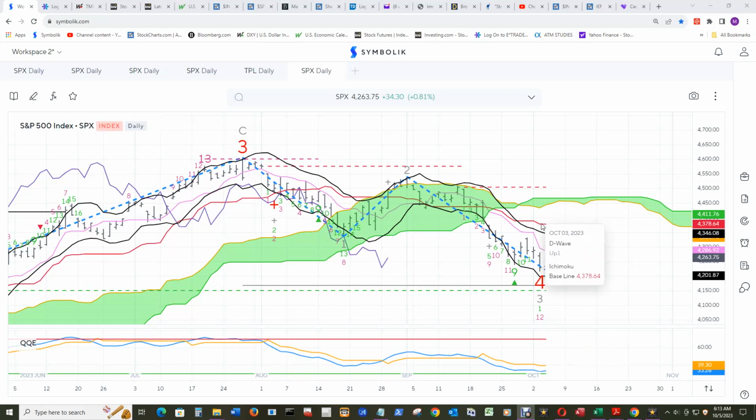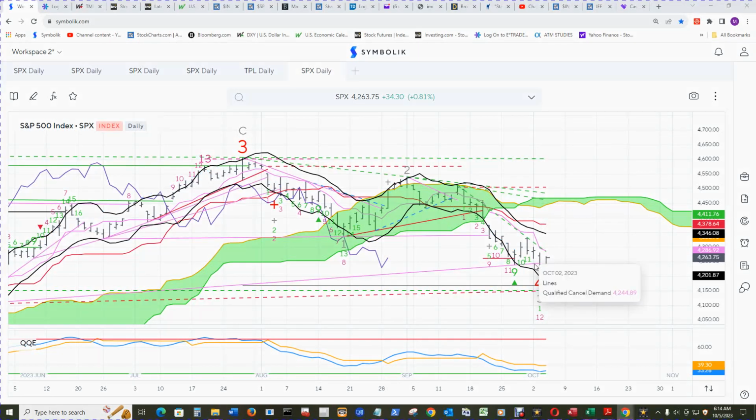If this baseline becomes the iron lid here, and it coincides with not having a swing point, that's definitely a sell the rip area. And this qualified demand line was canceled on yesterday's bar, which closed above that.